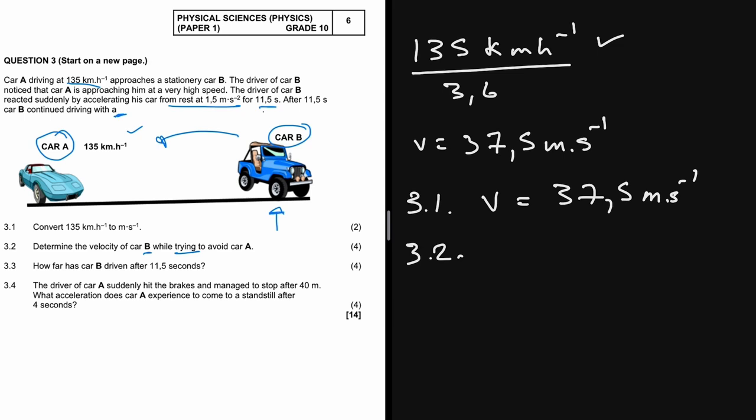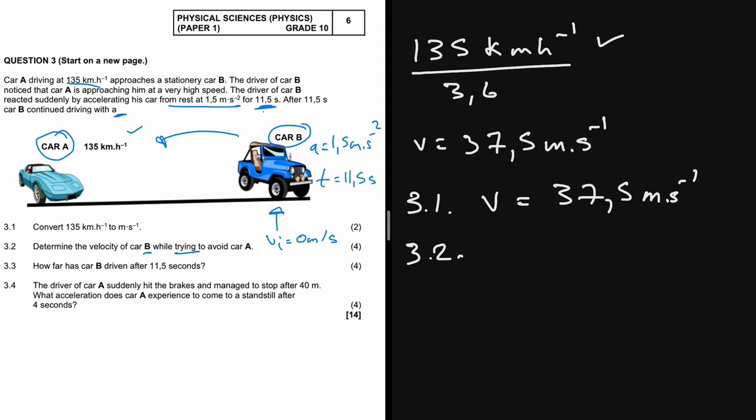Remember what we have here: the initial velocity of car B is 0 meters per second because it was initially at rest. We also have the acceleration, which is 1.5 meters per second squared, and the time it travels, which is 11.5 seconds.